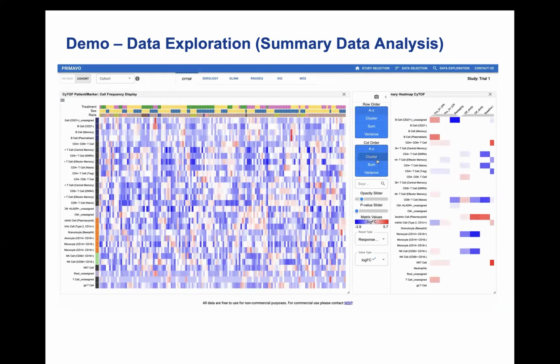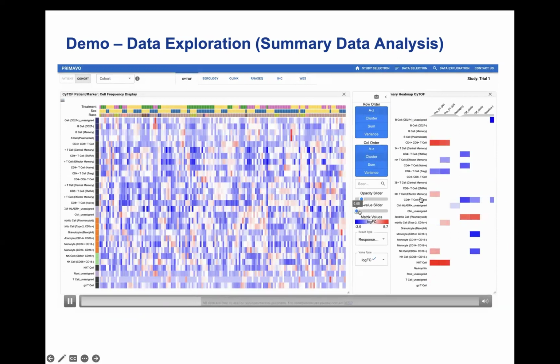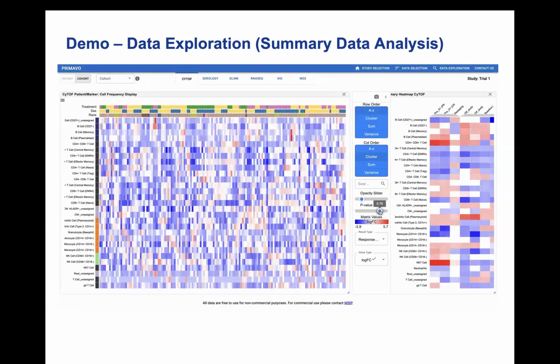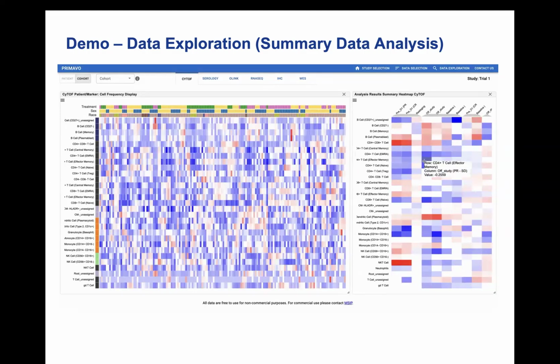And here we can also cluster these responses on top, and also use the opacity slider, so we can look at the more extreme cases. We can also change our threshold for the p-value for differential difference between partial responders and non-responders.